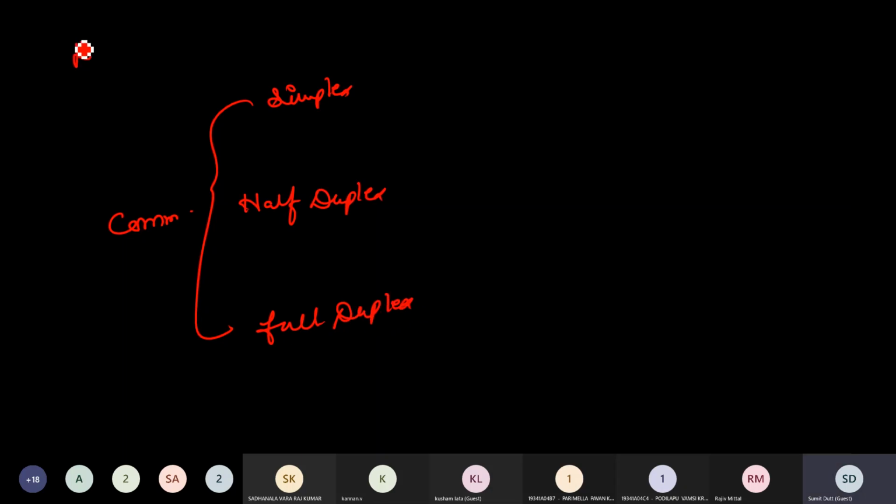So duplex means transmission as well as reception, where we have a separate path for transmission and a separate path for reception.